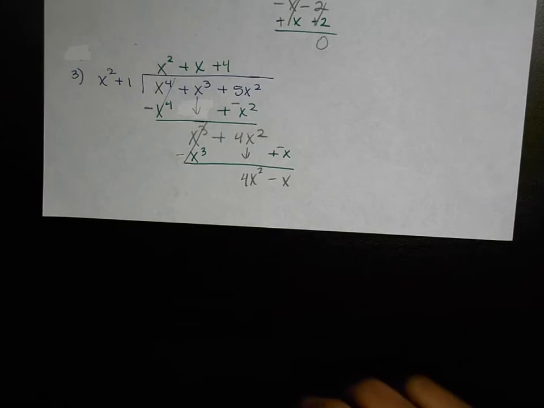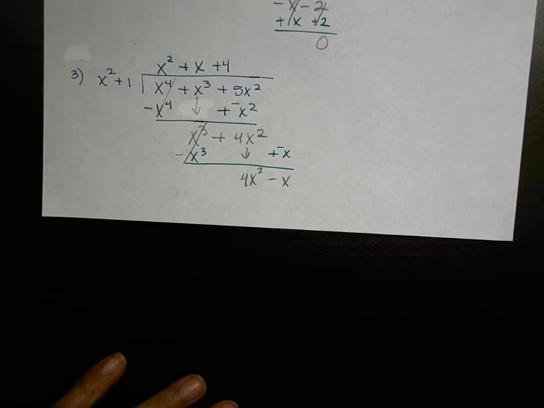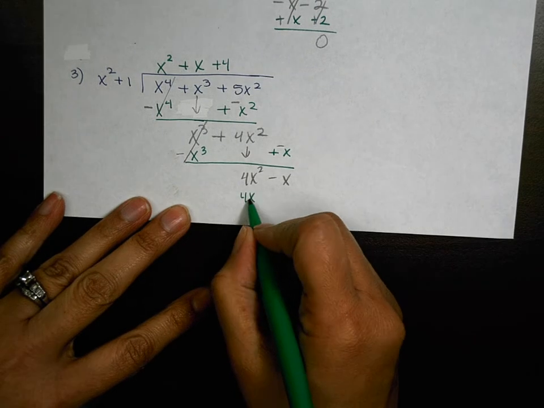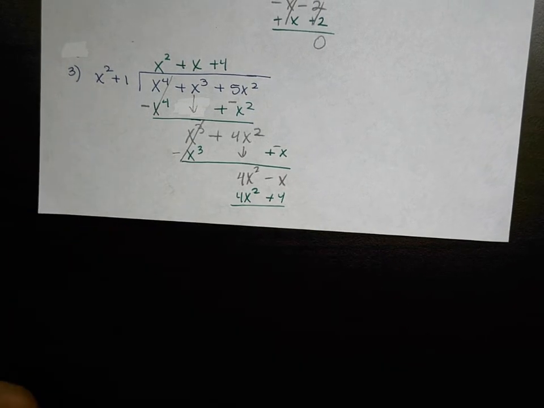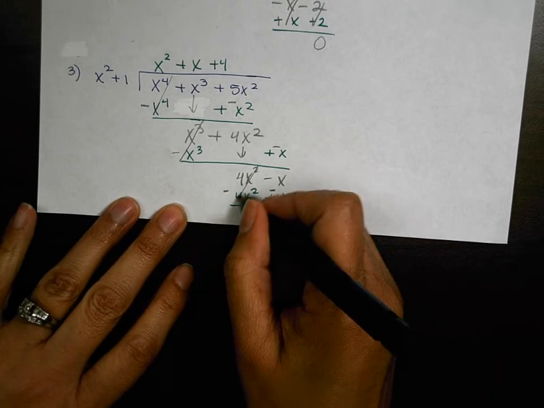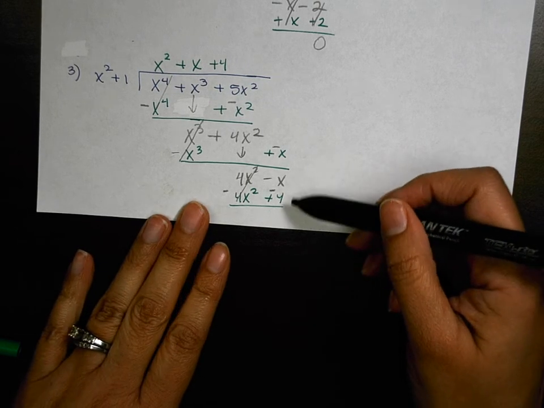And distribute. In this one, I'm going to purposely put it in the wrong spot, so I get 4x squared plus 4, just to show you that you can do it in the wrong spot and mentally take care of it. Minus, minus, gone. And I can see that these are not like terms, so I cannot combine them.